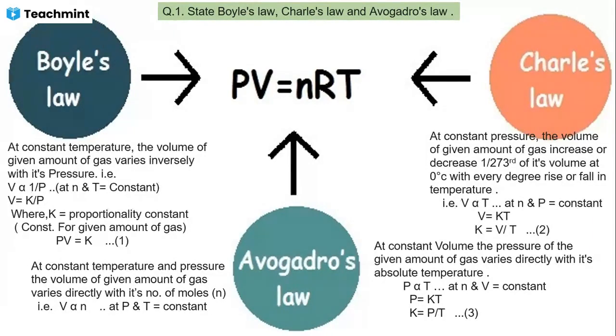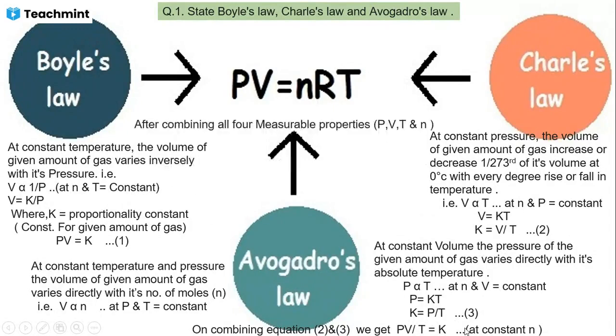We have to combine all these equations, 1, 2, 3. On combining them, we get PV/T = K at constant n.